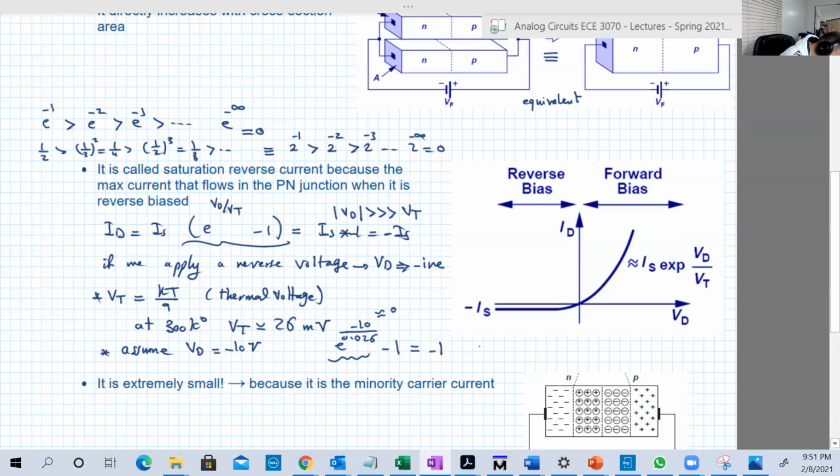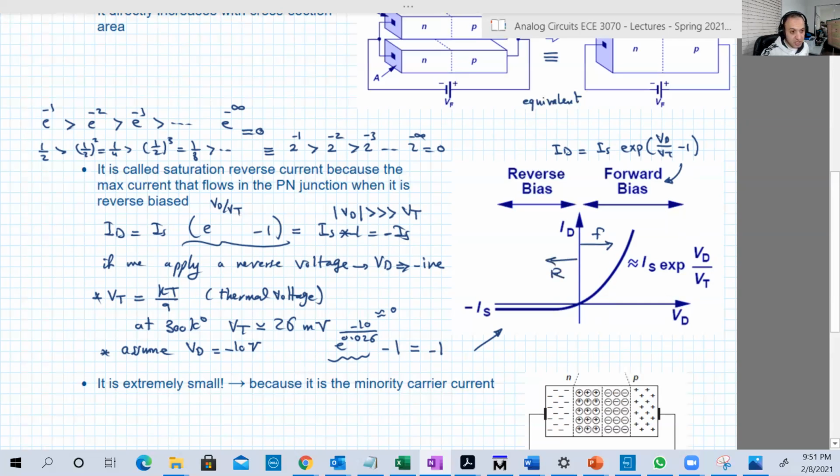That's why when we draw the complete relation, ID equal to IS exponential VD over VT minus 1, we're gonna see that relation here. Here is the forward bias part from here to infinity, and here is the reverse bias part.